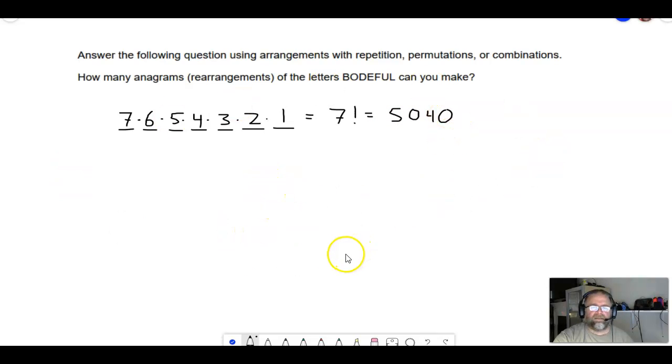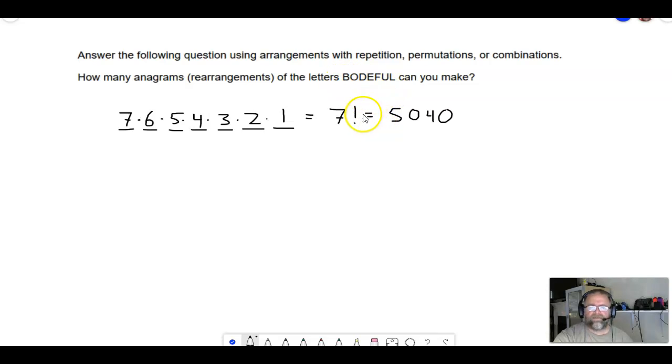Now let's talk a little bit about if you could use the same letter more than once. For example, what if we said how many different ways are there to arrange these 7 letters, and you can use any of those letters as many times as you want.